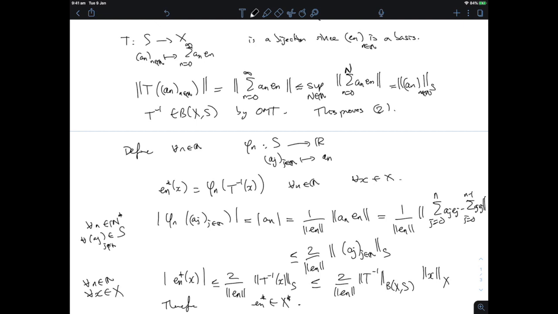Of course, it's also linear. So that proves 3.